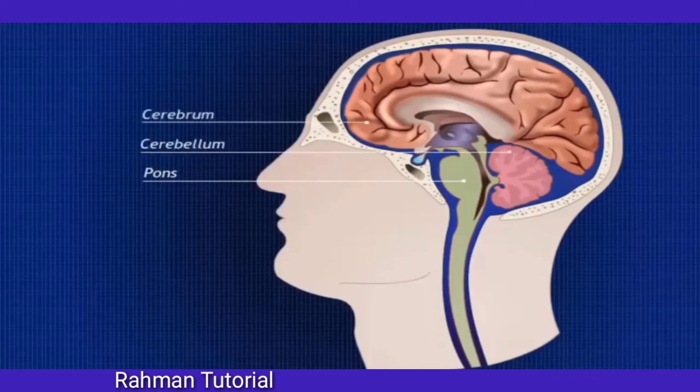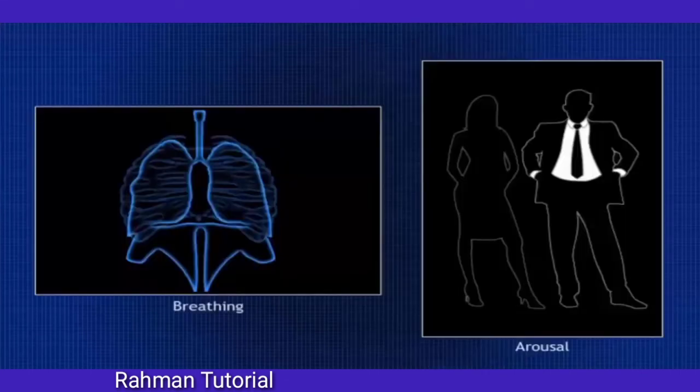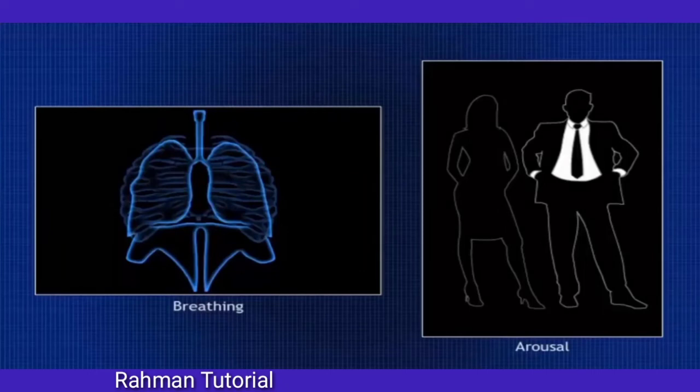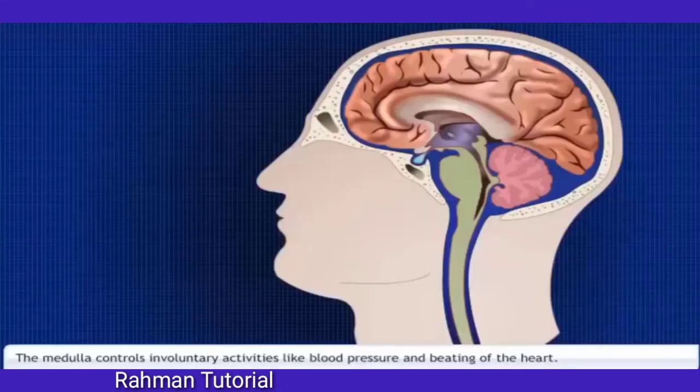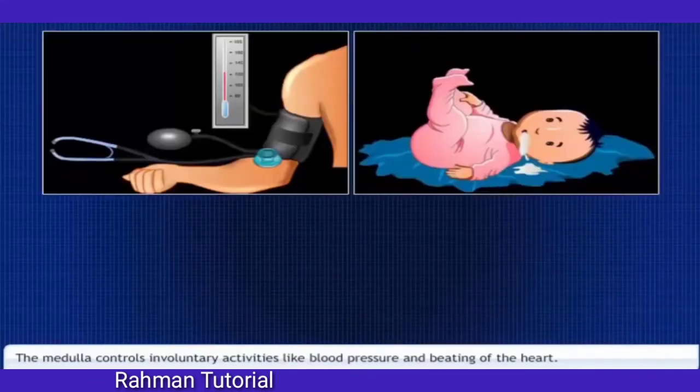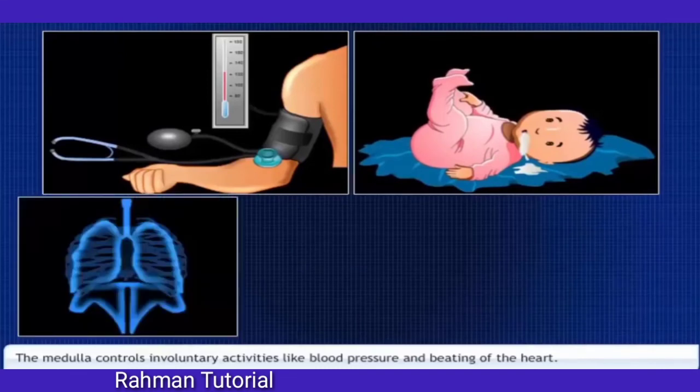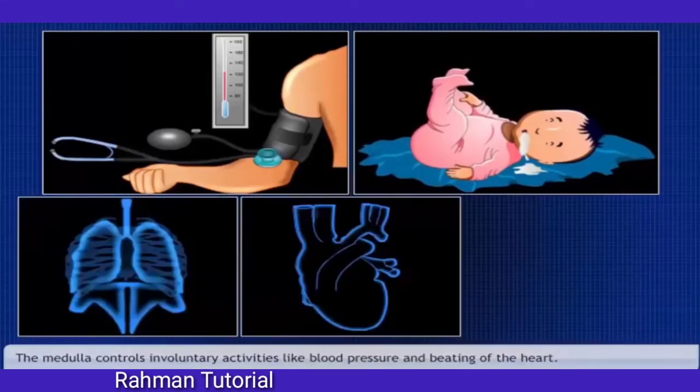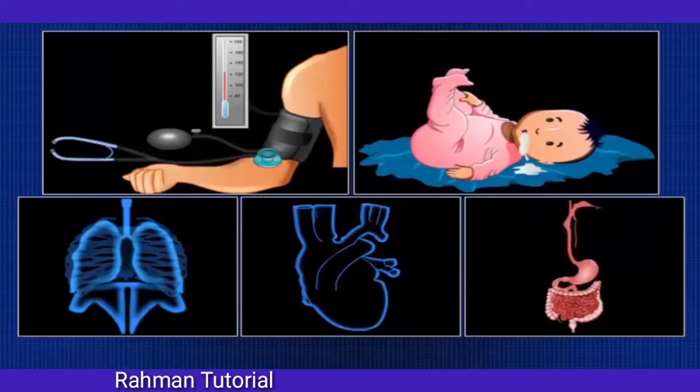It controls arousal and regulates respiration. Medulla controls involuntary activities like blood pressure, salivation, breathing, beating of the heart, and peristaltic movements of the alimentary canal.